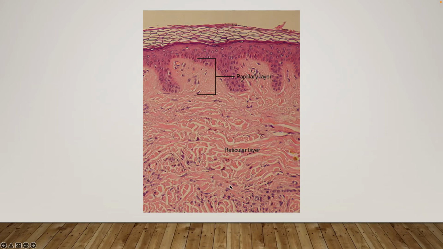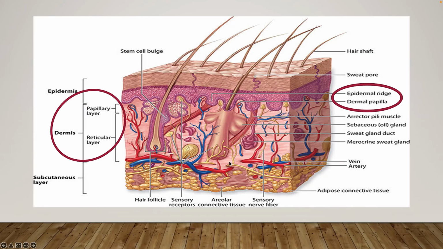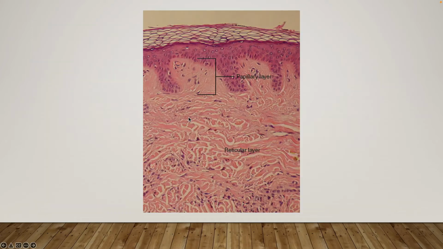Within our reticular layer is where we have the majority of our nerves, our blood vessels, and other accessory organs. If we go back here, you can see lots of blood vessels coursing throughout here. You can see lots of nerves, and you can see other accessory organs like oil glands, hair shaft, and these little muscles here that we'll talk about later.